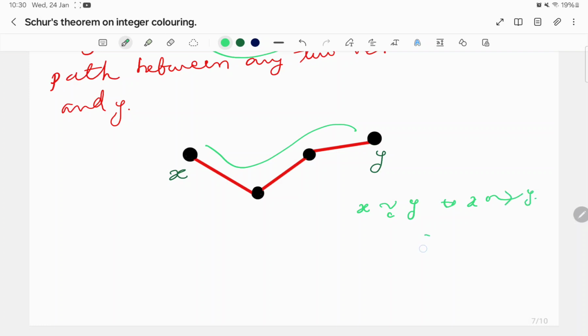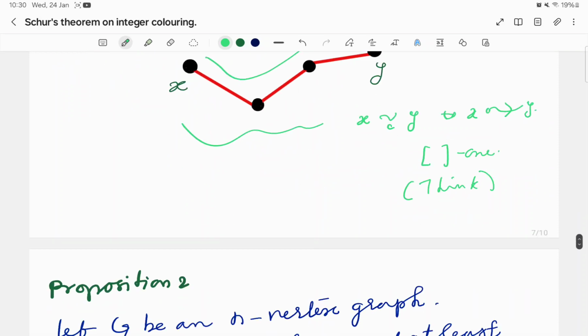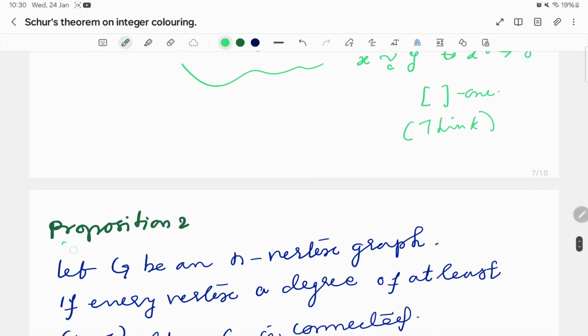The equivalence classes are called connected components, and if there is only one equivalence class, we say the graph is connected. Another way of formulation: for any two vertices there is a path between them, we call that connected. Okay, we need that for the next proposition.